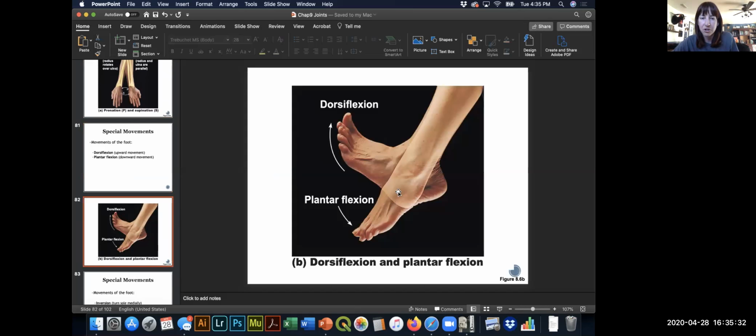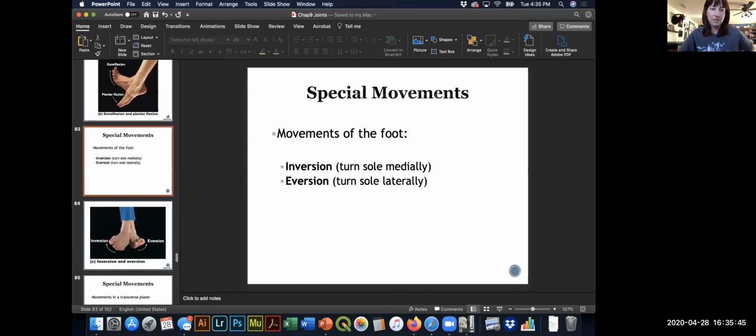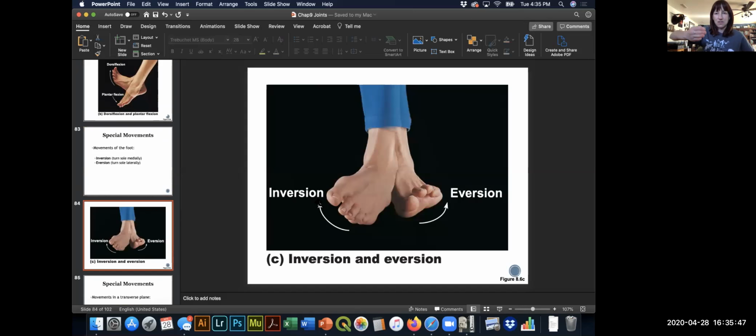Plantar flexion, point your toes, and dorsiflexion, extend your toes. And then you can also invert and evert the sole of your foot, right? So you can do some rotation of your foot. Medially, which is inversion, and laterally, which is eversion, okay?